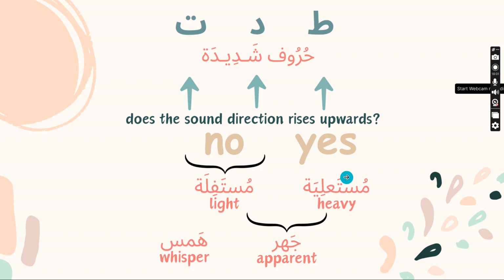So what is common with the ta and the dal? It has jahr, there's no air in both of these letters, but the ta has hams. Okay, so jahr is the opposite of hams. So this is how we examine the letters. This is how we tackle the letters, okay, so that we understand more and more.